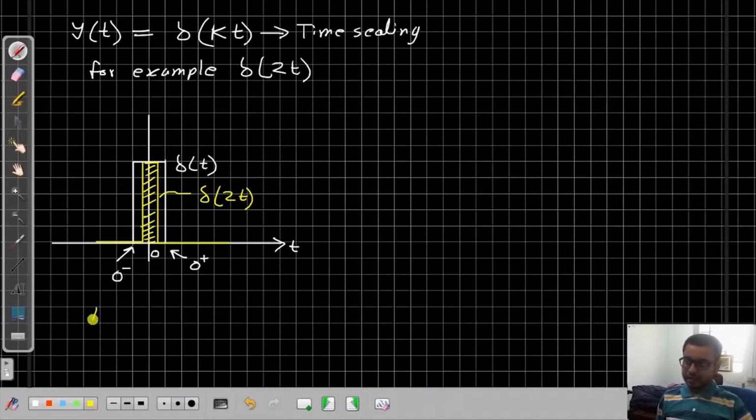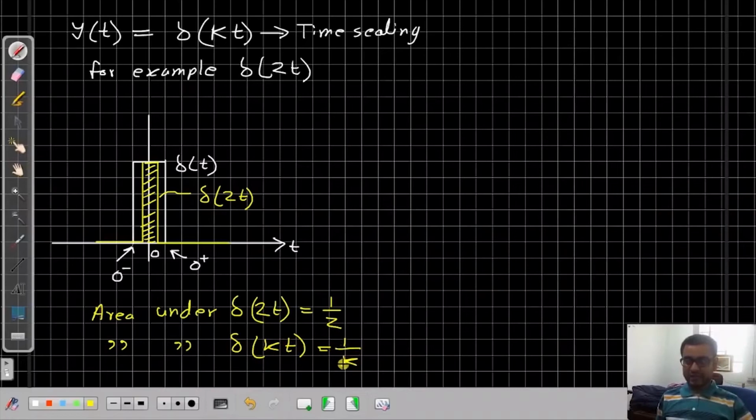So the area under delta 2t is equal to half. In general, the area under delta kt will be 1 over k.